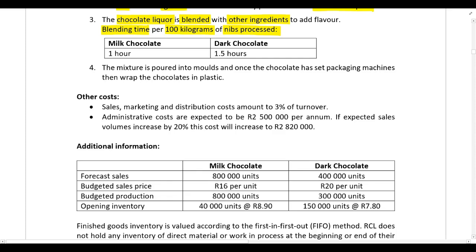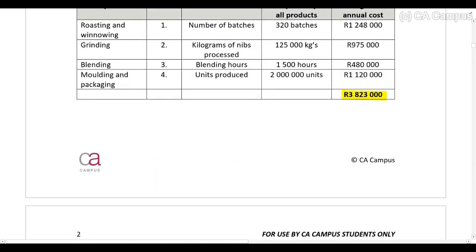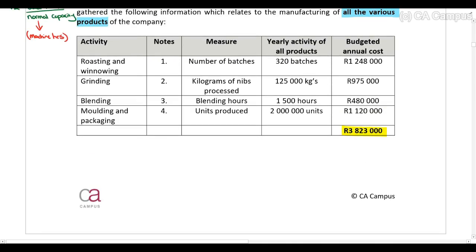So the mixture is poured into molds, and once the chocolate has set, packaging machines then wrap the chocolates in plastic. All right, so all of the notes obviously provide us with more information which will be required if we do need to allocate overheads to products using activity-based costing. But in addition to that, the notes also give us more information so that we understand how the production process works.